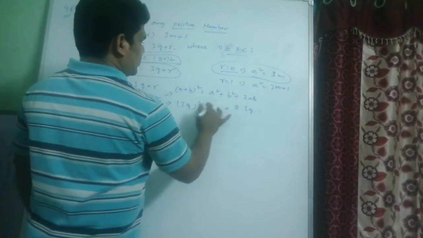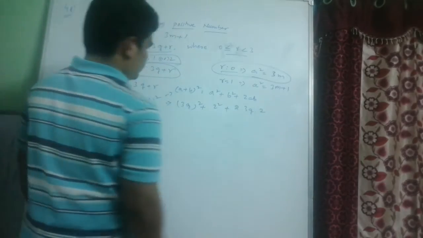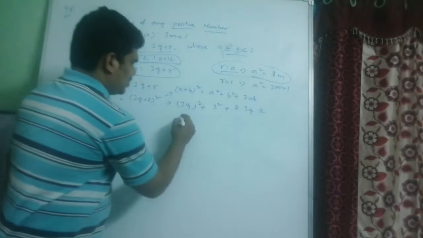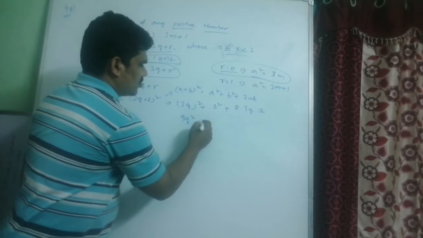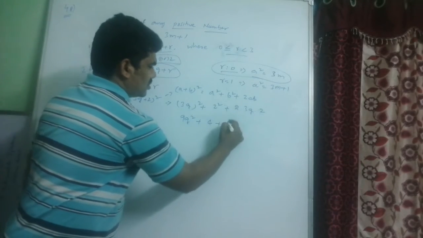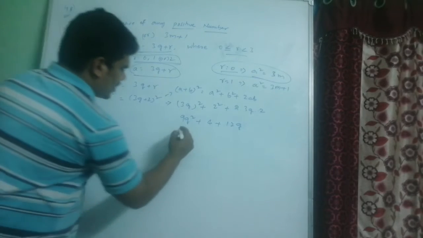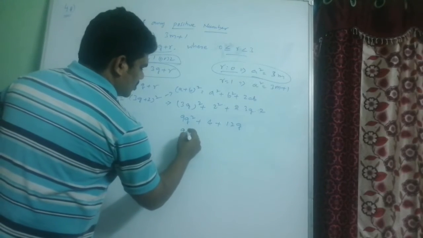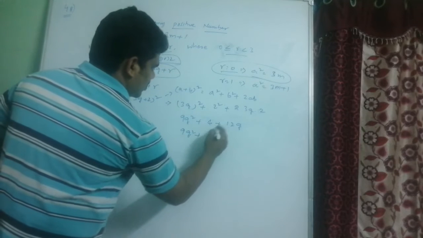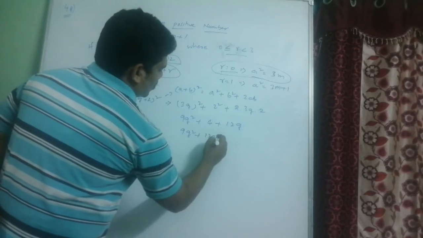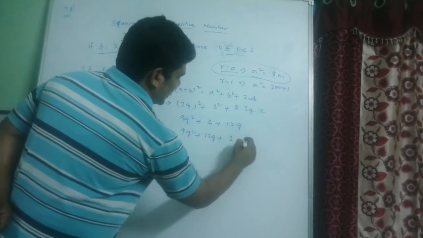A 2 square means nothing but 9q square, 2 square for 2 3 is 6, 6 2 is 12. Again, 9q square and 12q plus 4 we can write like this also.